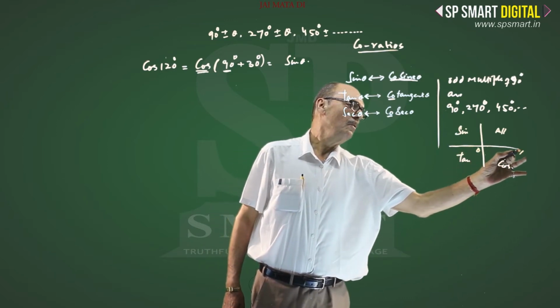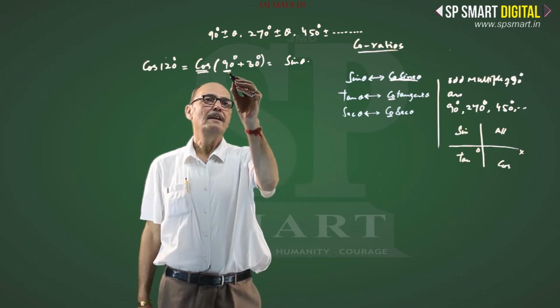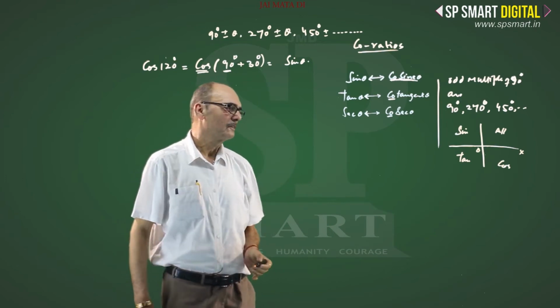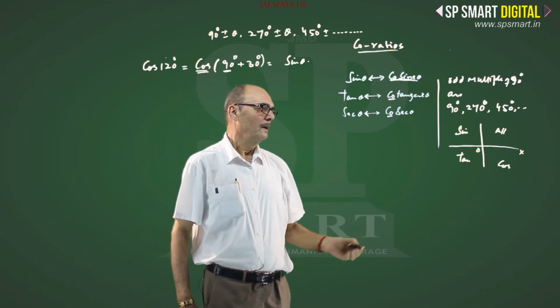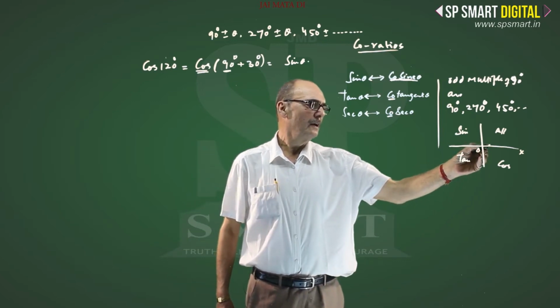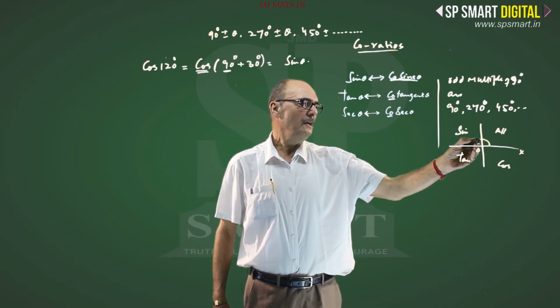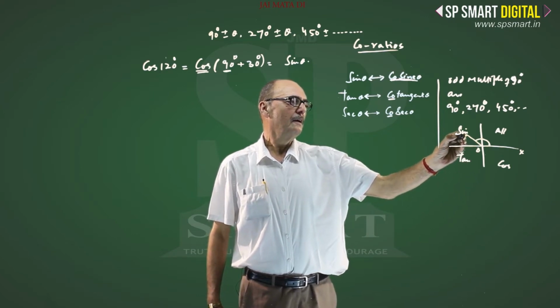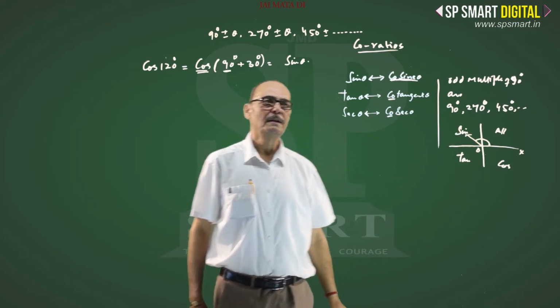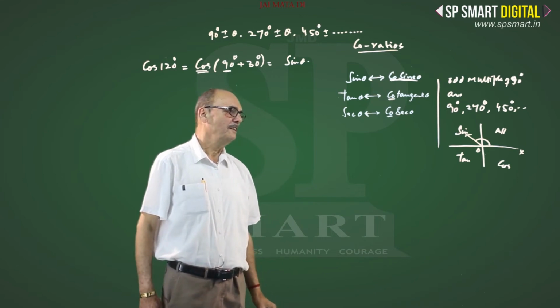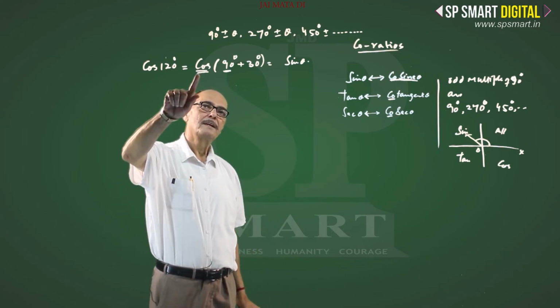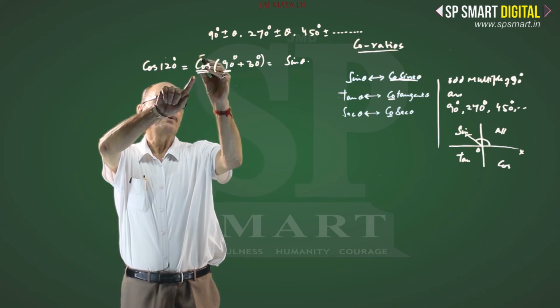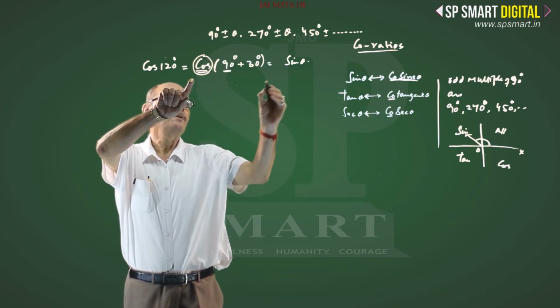Now, I want to know where the angle 90 degrees plus theta, 30 degrees, lies. Starting from here, we have 90 degrees plus 30 degrees. So this is the second quadrant, where sin theta is positive, but the ratio which we are going to find out is negative.